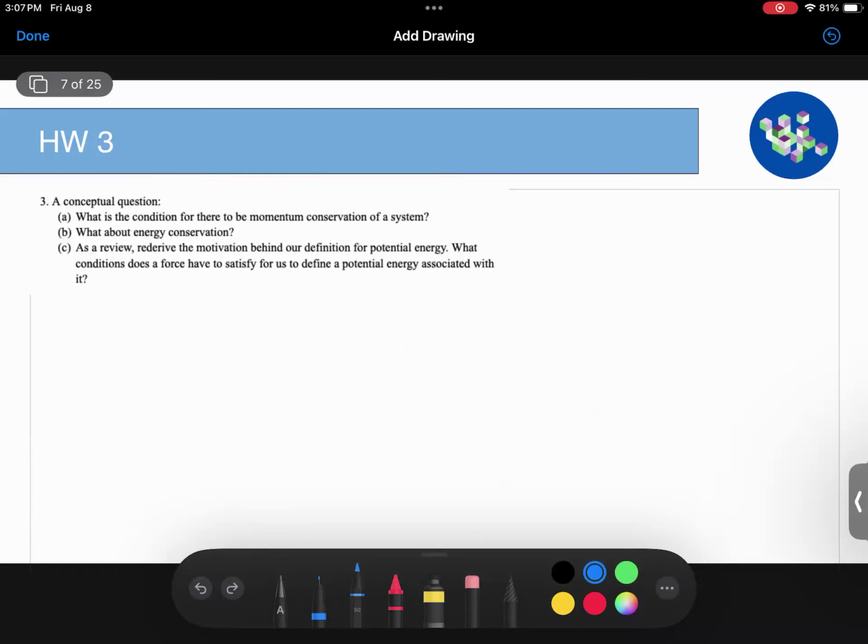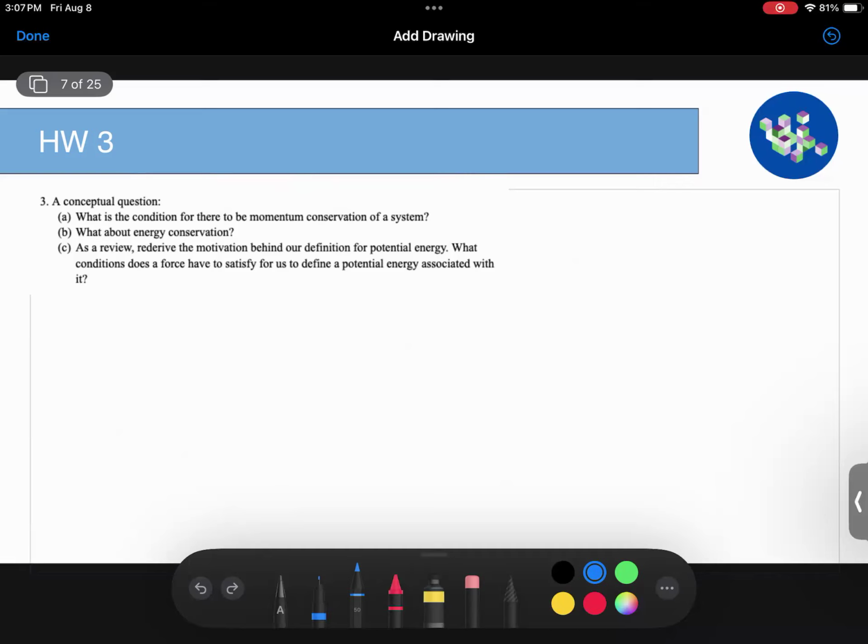We can skip this one because this was basically in last week's class, but the overall idea is you want to have momentum conservation, so you can't have any external net force on the system. Internal forces don't matter because they'll always cancel out.